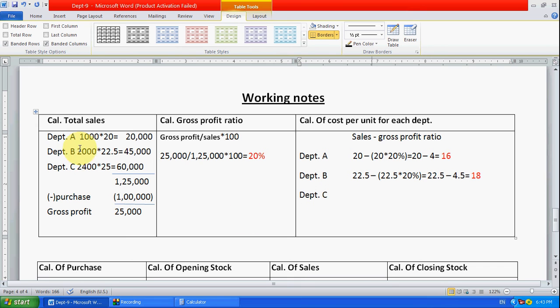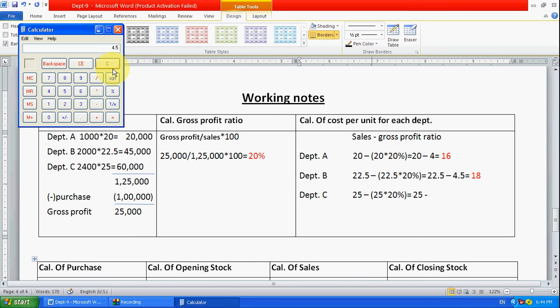See, department C is 25 rupees. So right here, 25 rupees minus bracket 25 into 20%. So how much will we get? Let's check: 25 minus 25 into 20%. 25 into 20% means 5, we are getting 5.